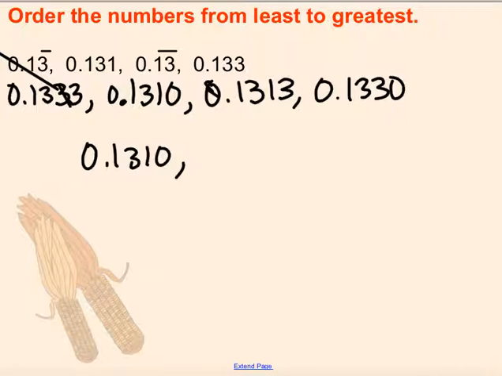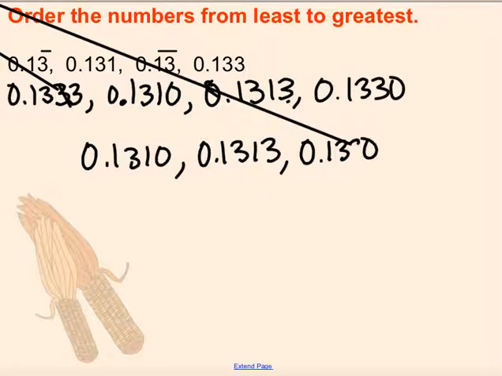Whereas next I would say, okay, it looks like this 0.1313 would go next. And then I would say, okay, is my 1330 or my 1333 bigger? Well, it would be the 1333, so my 1330 comes next.